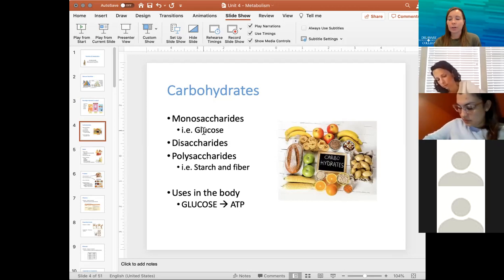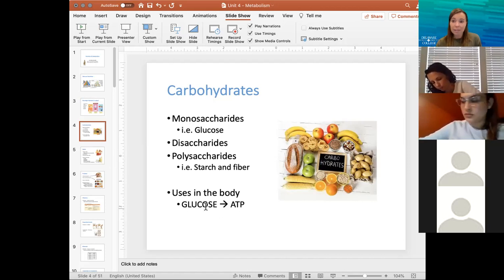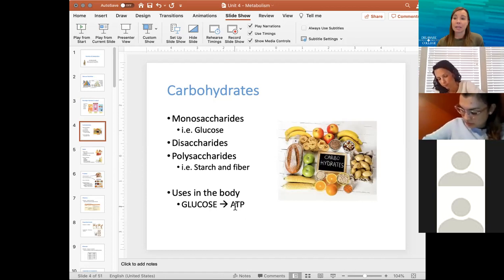So no matter what you're eating, if it's a polysaccharide, a disaccharide, or a different monosaccharide, it can be converted into glucose. So all carbohydrates can ultimately become glucose, and the use for glucose in the body is to be used by cells to produce ATP.